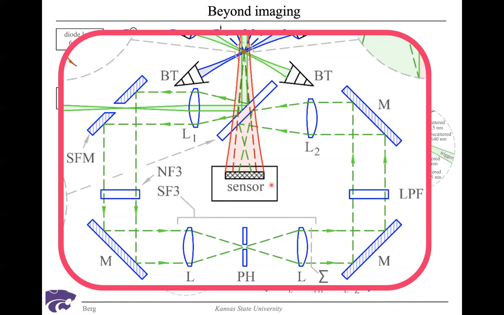And now the sensor is a color sensor instead of the monochrome sensors earlier. And so in the red channel of the color sensor, we get the digital hologram. In the green channel, we get the light scattering pattern.